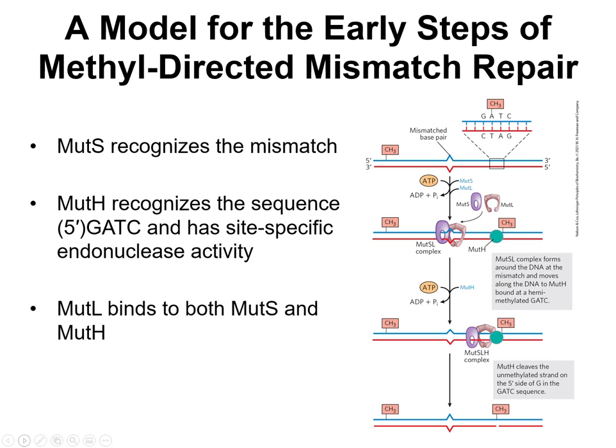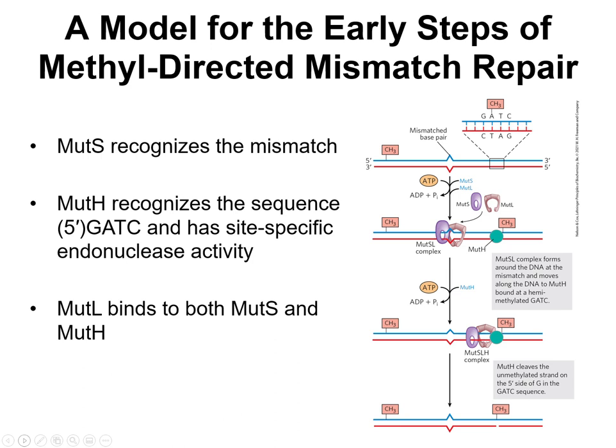And that MutS will recognize the mismatch. MutH recognizes the same sequence that the methylase does, and it will bind where the methyl group is.